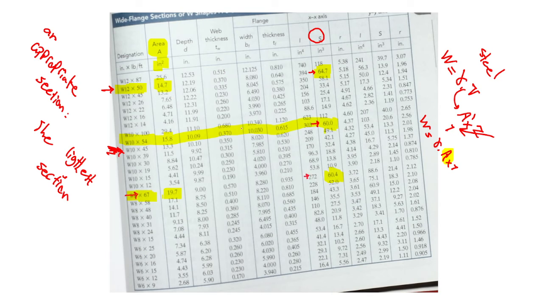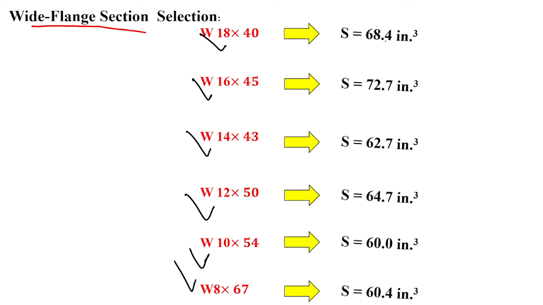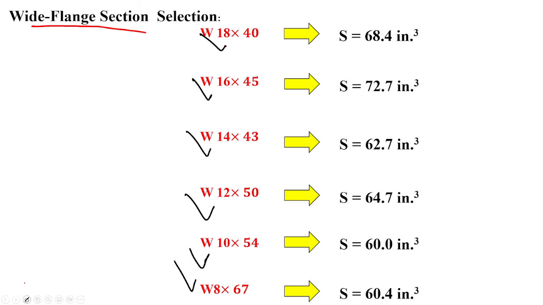So if we just move to the wide flange section selection, you can easily see we take out these sections from our tables. These 6 sections, each of them gives us their own modulus of section, and you see this one was the lightest one.